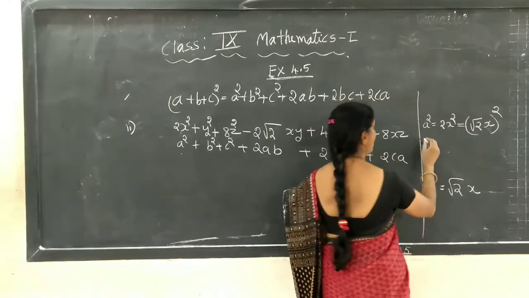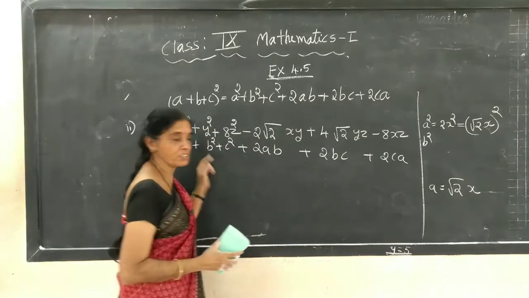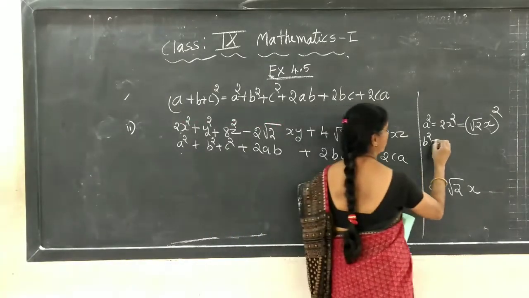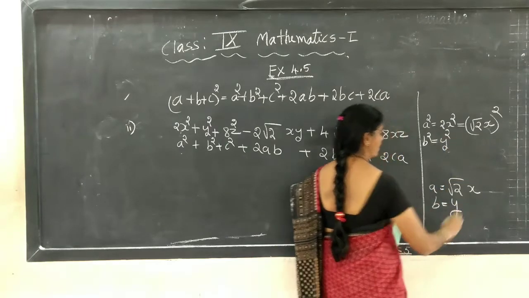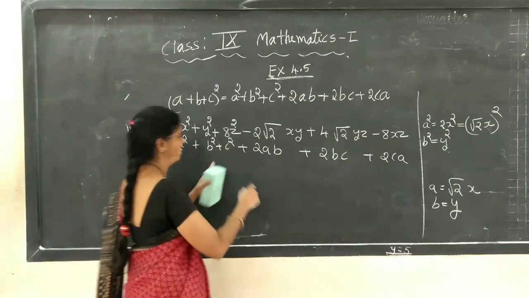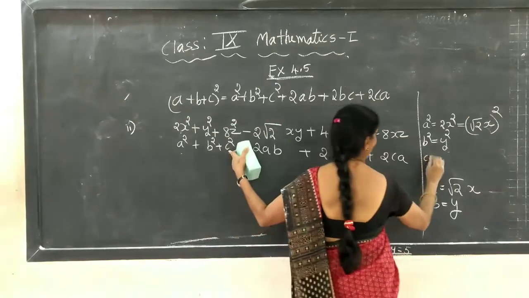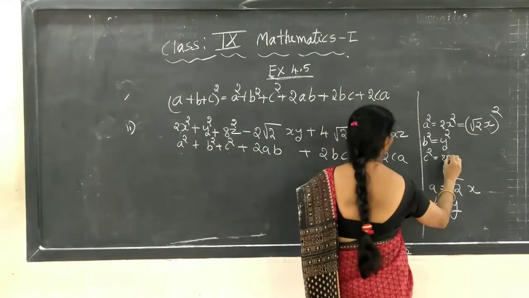Now, what is b square in the question? b square is y square, so b is y, no problem. And what is c square? c square is 8 z square.